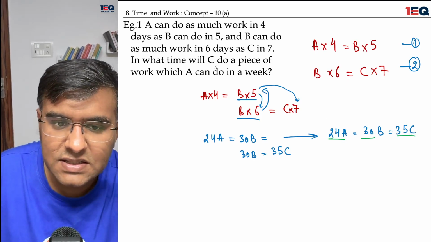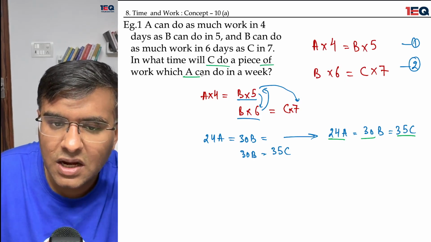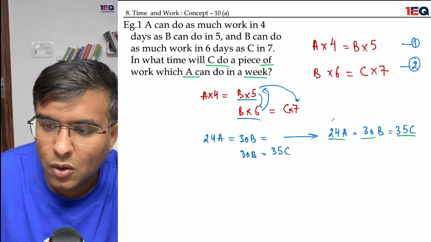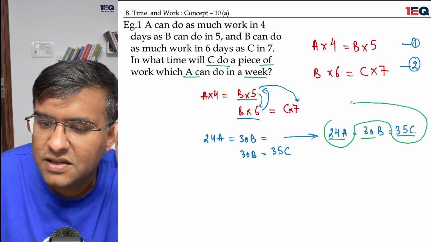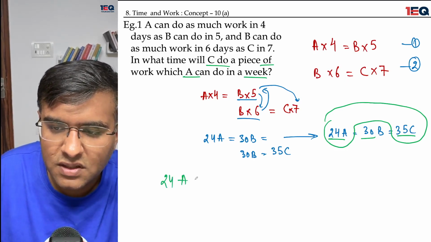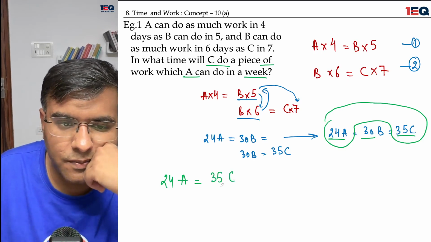Now the question says, in what time will C do a piece of work which A can do in 7 days? I'll only and only focus on A and C from this equation. It says 24 days of A's work is equal to 35 days of C's work.